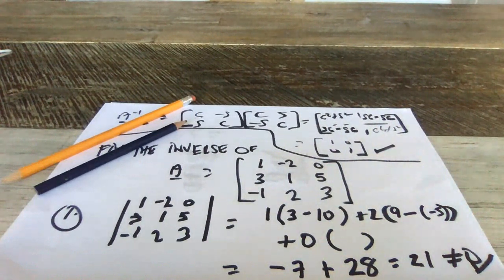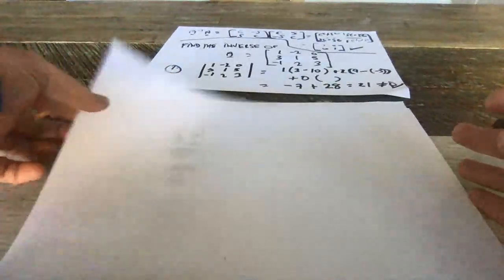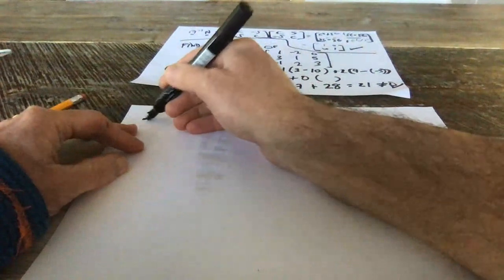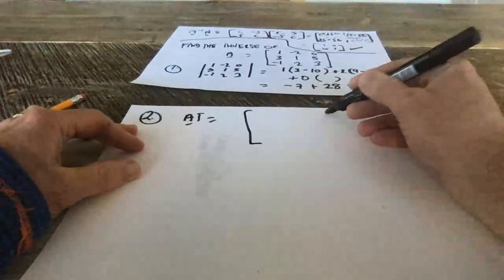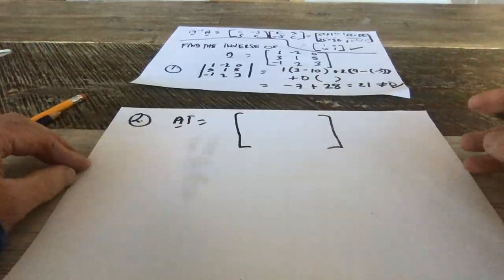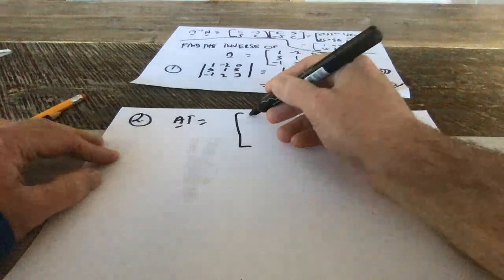Now, before we go on, we have the second step. We have to get the transpose of this matrix, bizarrely enough. So the next thing, to calculate the inverse of a 3x3 matrix, after getting the determinant, is we get the transpose. This is step 2. A transpose then: remember what happens? The rows become columns. The first row, 1, minus 2, 0, becomes the first column.